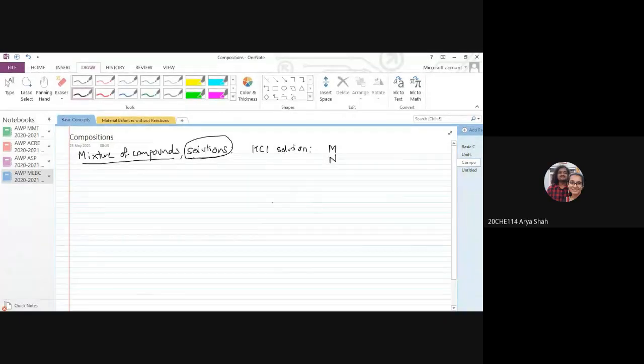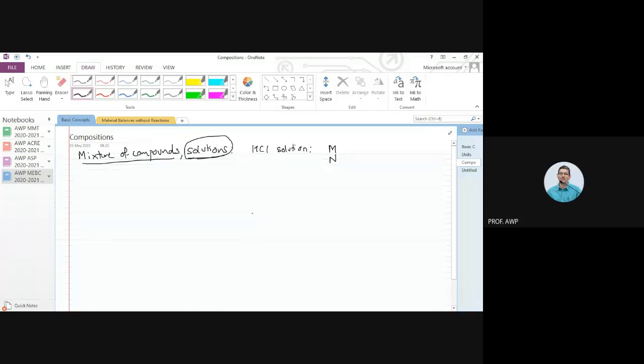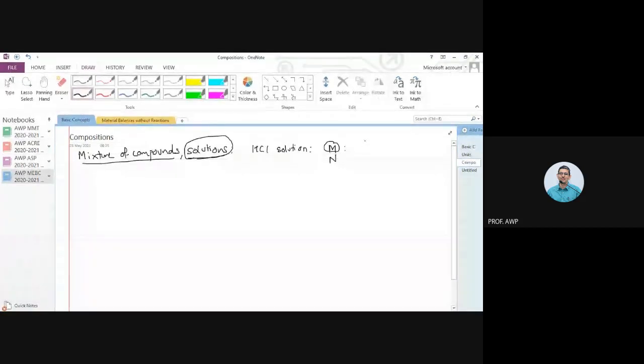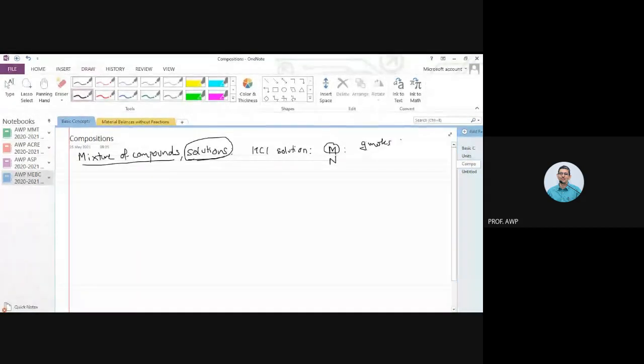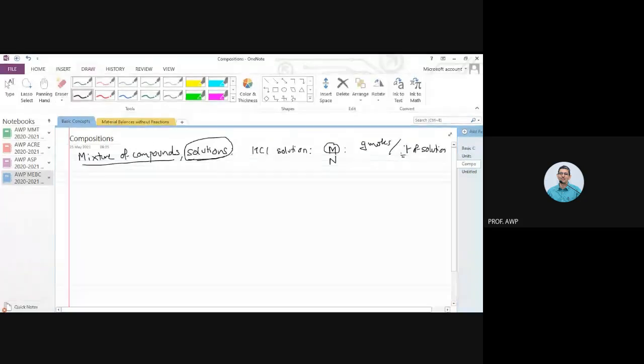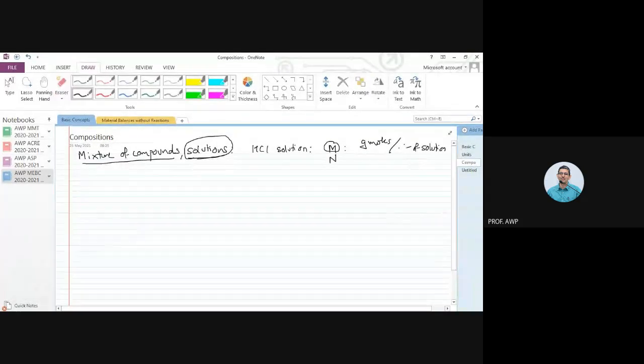Molarity is in terms of how many gram moles are present per liter of solution. So this volume can change with respect to temperature, and therefore we need to specify what temperature we are measuring and so on.